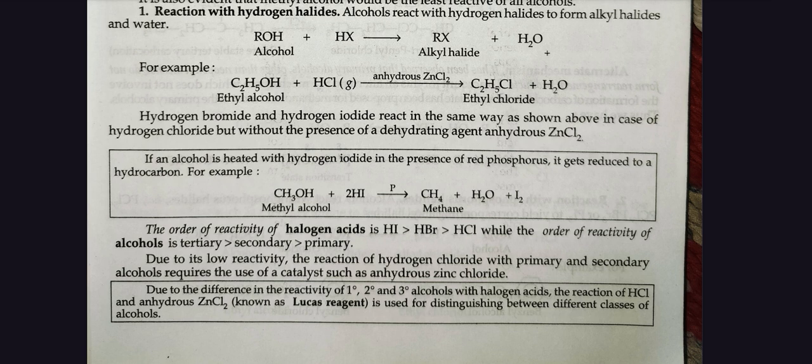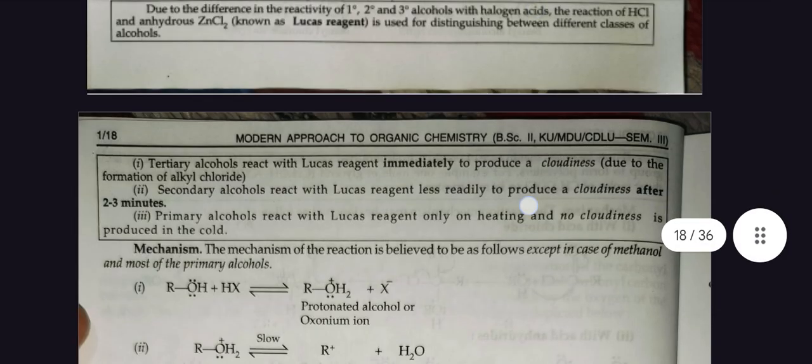Due to its lower reactivity, the reaction of hydrogen chloride with primary and secondary alcohol requires the use of catalysts such as anhydrous ZnCl2. Due to the difference in the reactivity of primary, secondary, tertiary alcohol with halogen acid, the reaction of HCl with anhydrous ZnCl2, also known as Lucas reagent, is used to distinguish between the different classes of alcohol.